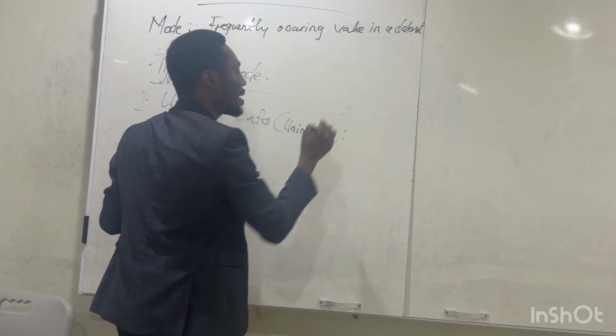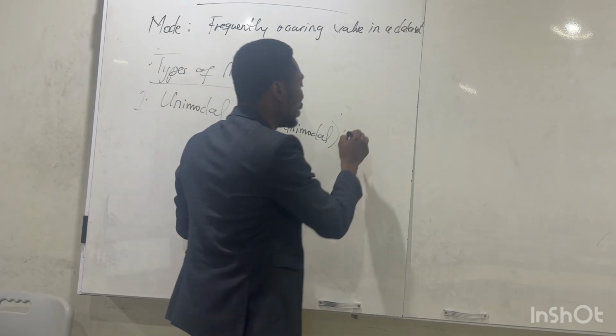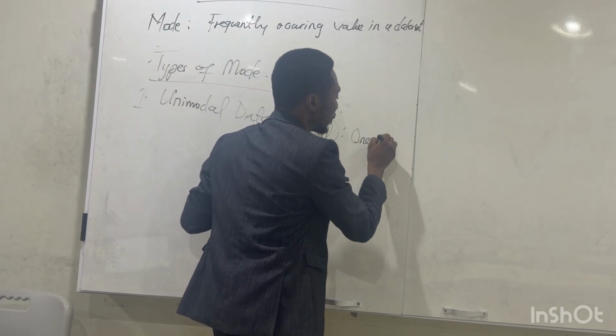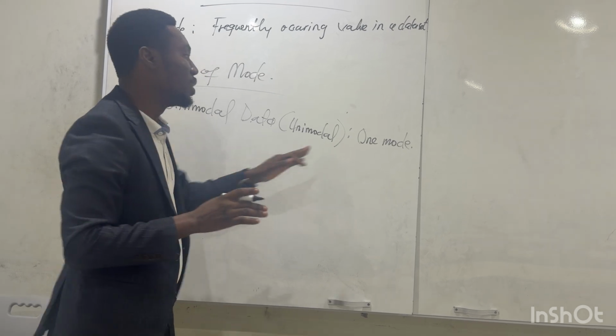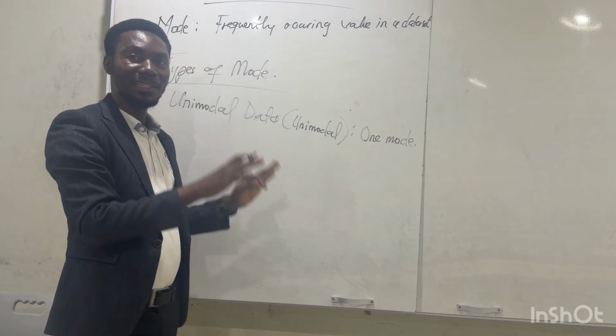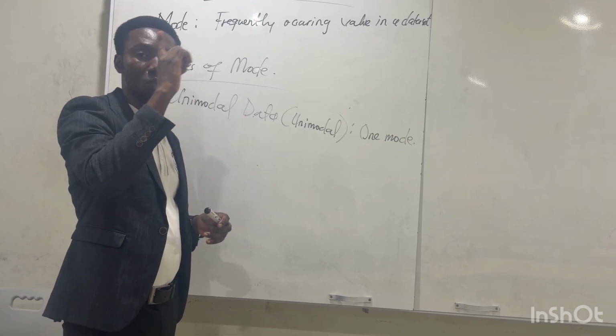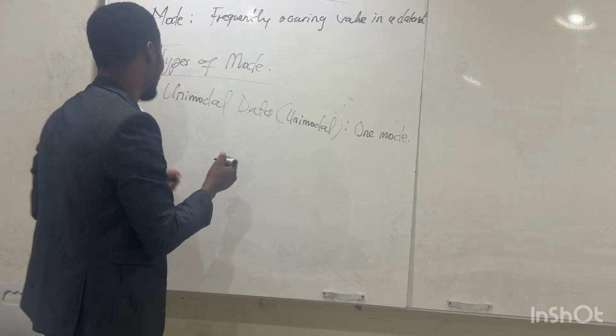If we say a data set is unimodal, meaning in that data set we have only one mode, or a single mode. Let's look at an example.